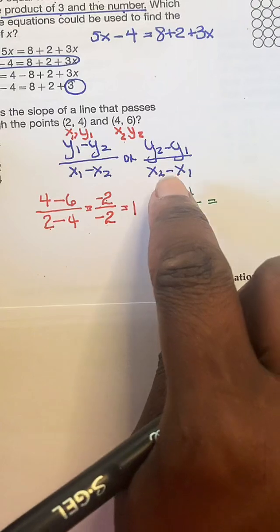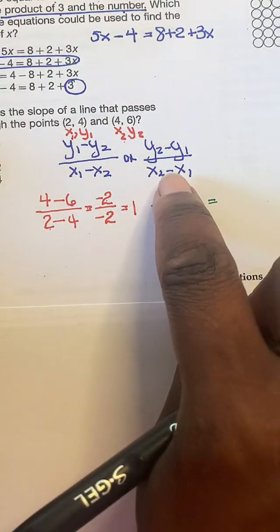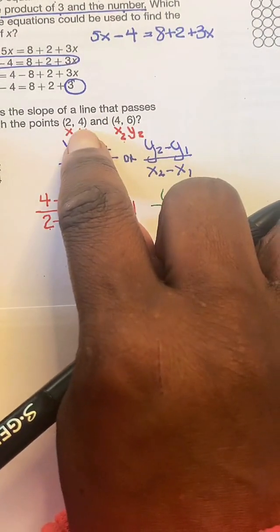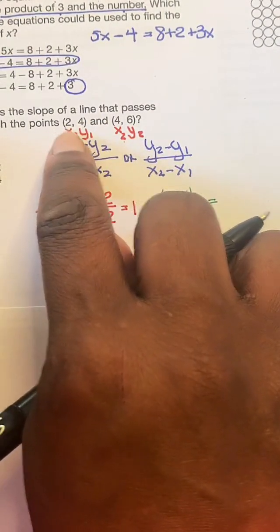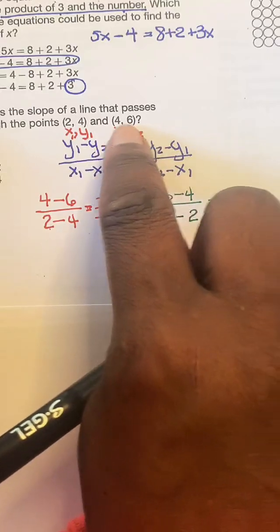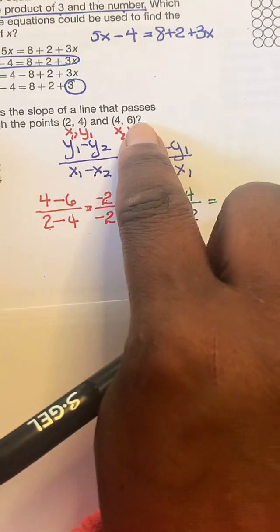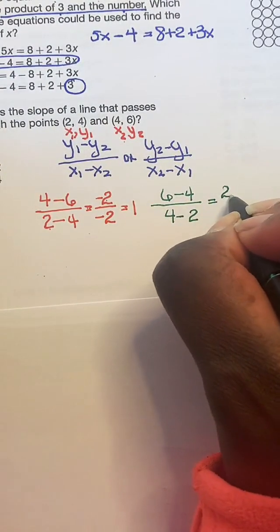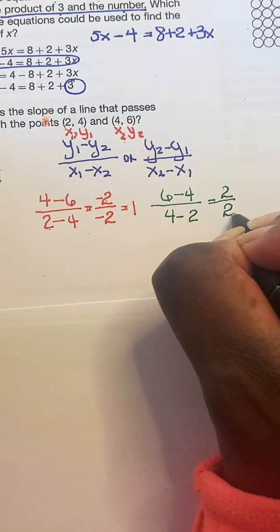But this is what a lot of people get wrong when they do it the traditional way. They do well with the 6 and the 4, but then all of a sudden they go 2 minus 4. They go one way and then try to go the opposite way. Nope, you're going to get a wrong answer each and every time.